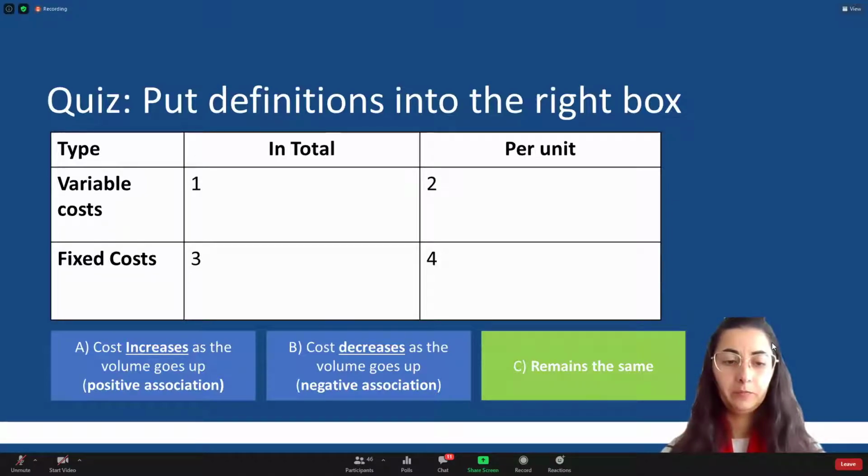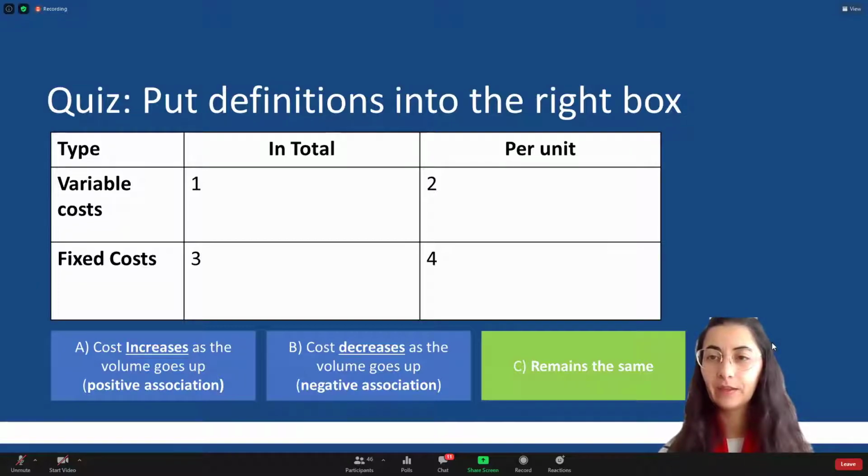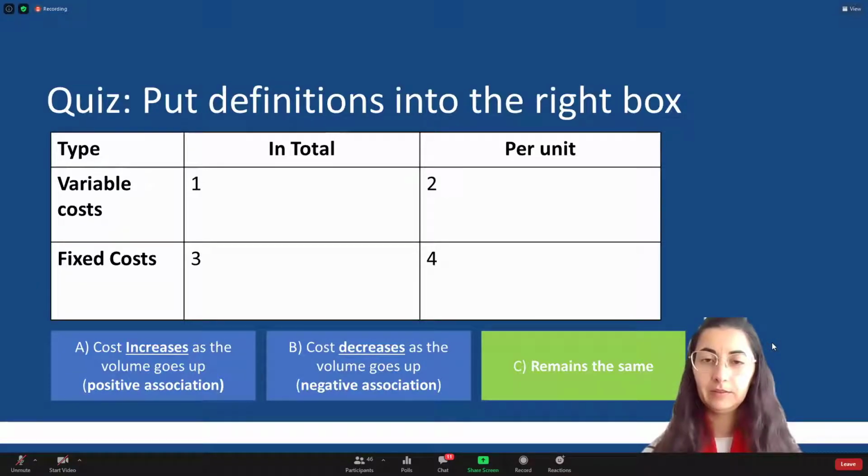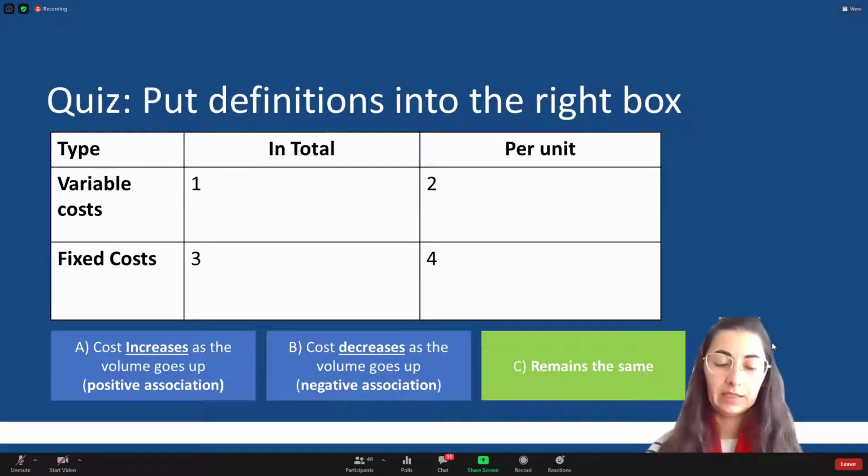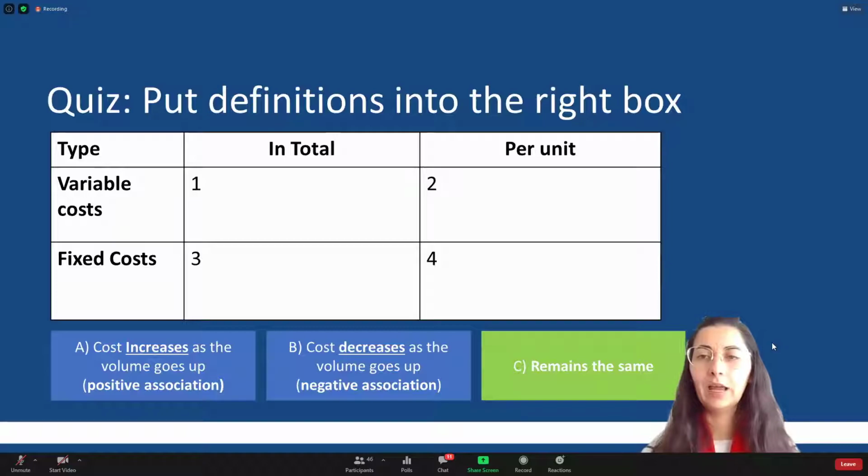Box C says that it remains the same. Okay, so let's vote. We only have 53% of people who already answered.